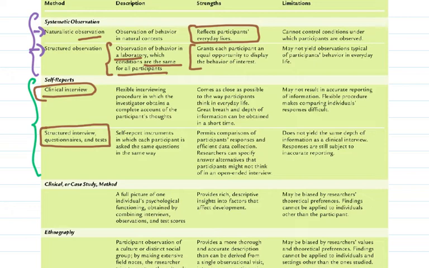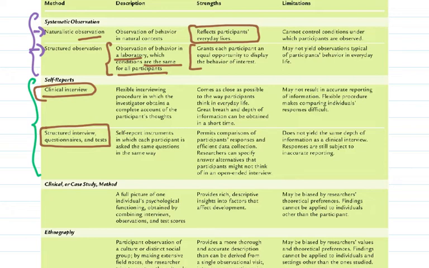When we have a clinical interview, you will not have the ability to compare people's responses because they will be so different from one another. In a questionnaire, because every question is the same and has only so many options to choose a response from, you will be able to compare responses across participants. That's something you cannot do in a clinical interview.